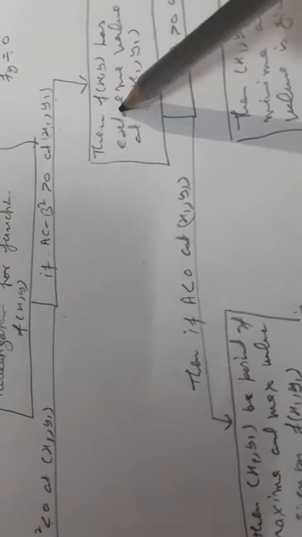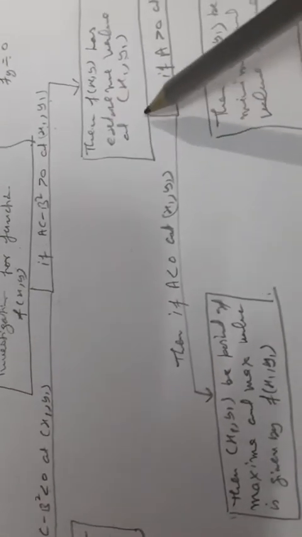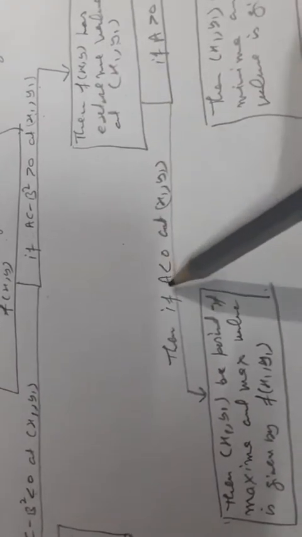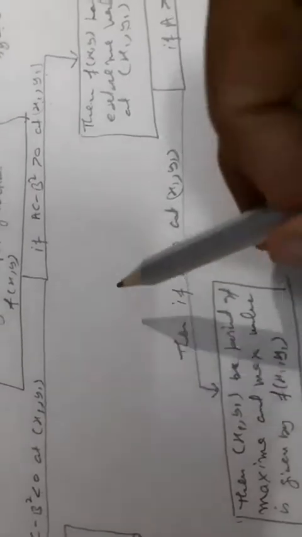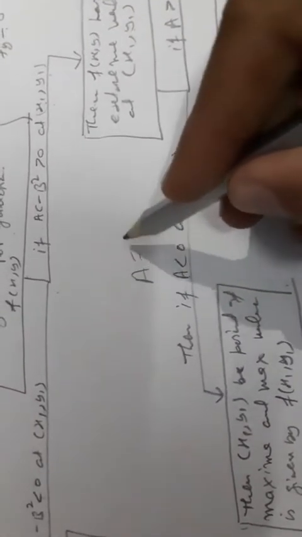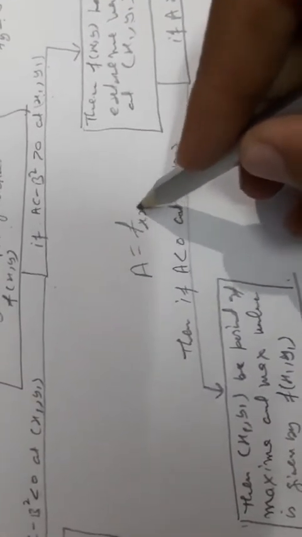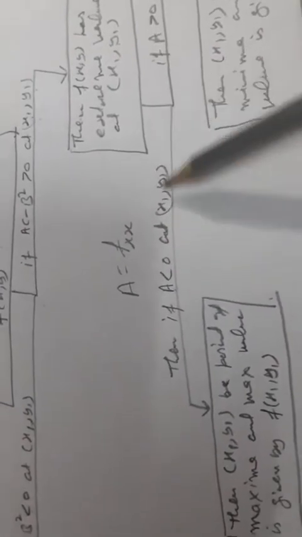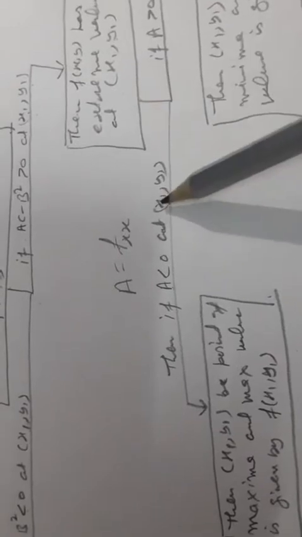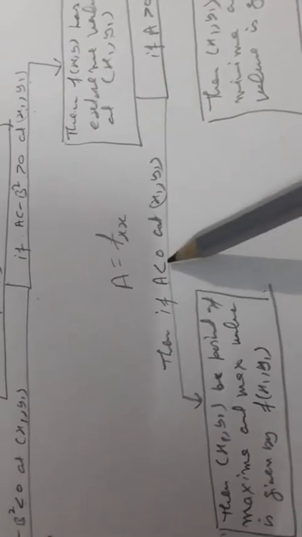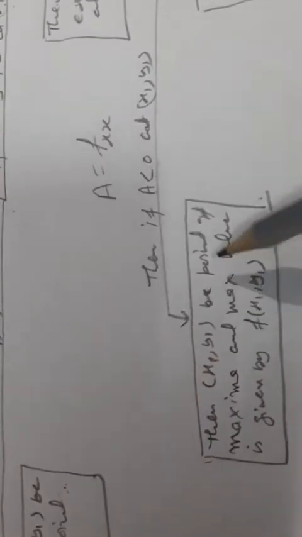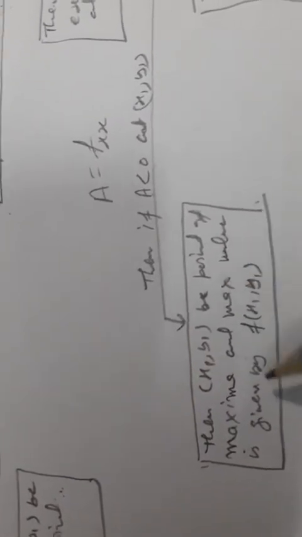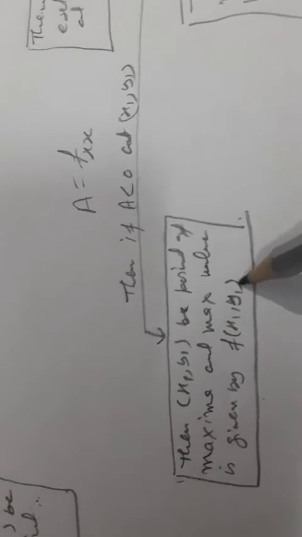Now how do we know whether it is the maximum or minimum? Then we put this point in a. What was our a? a was the double derivative of f with respect to x. Now after putting this point in a, if a becomes less than 0, then this point will be the point of maxima, and the maximum value of the function is given by this.